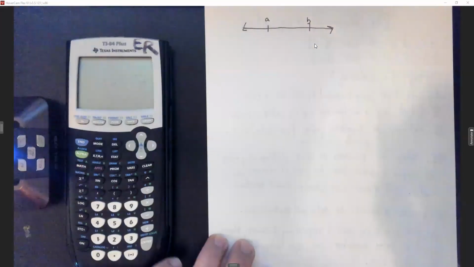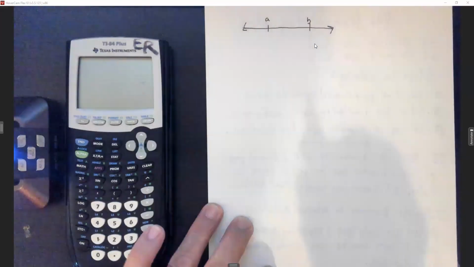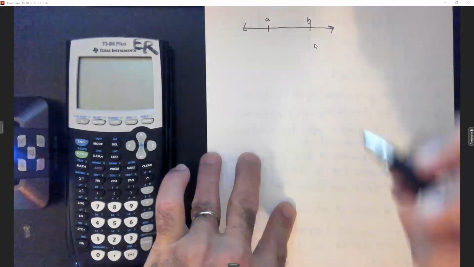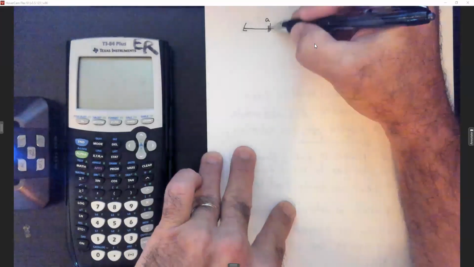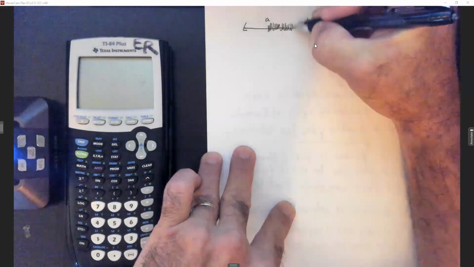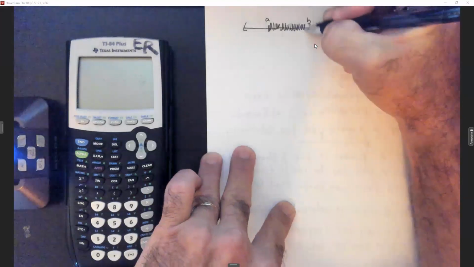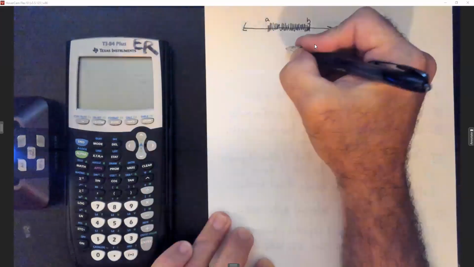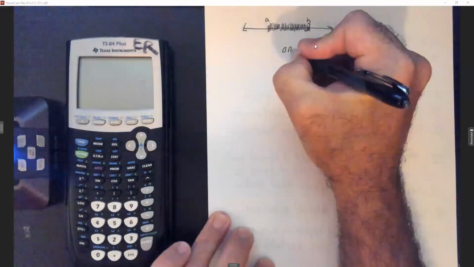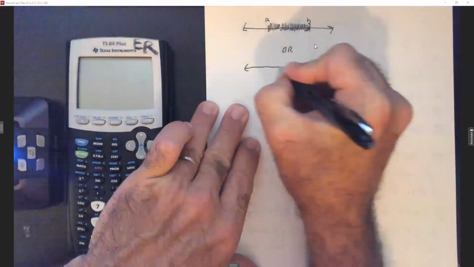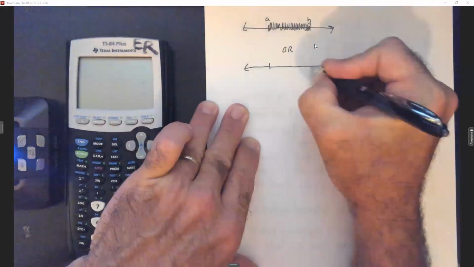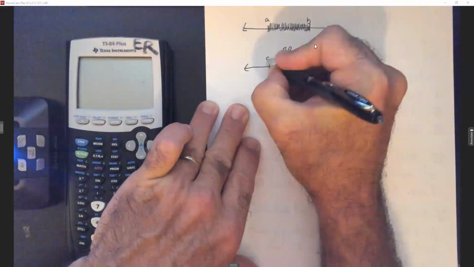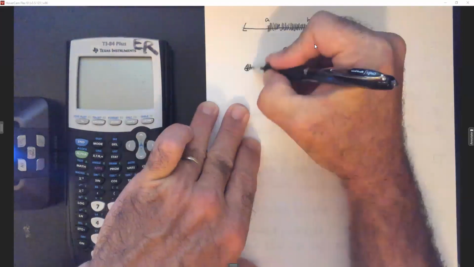So I'm going to show you the 2 types of answers you get. One answer, they're going to shade in between the A and the B. Or, let's draw another number line. It's going to shade to the outsides.